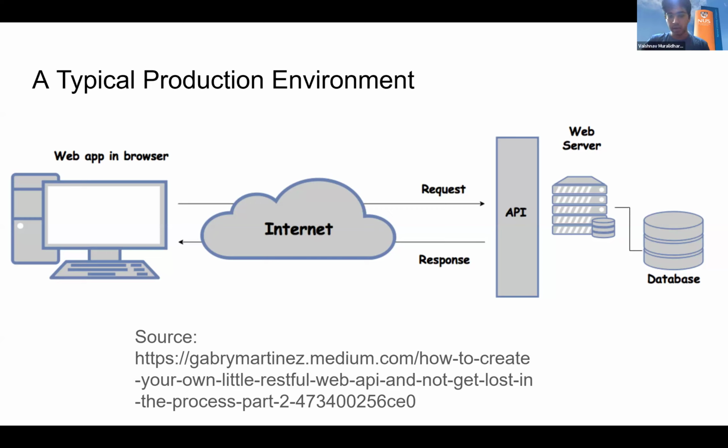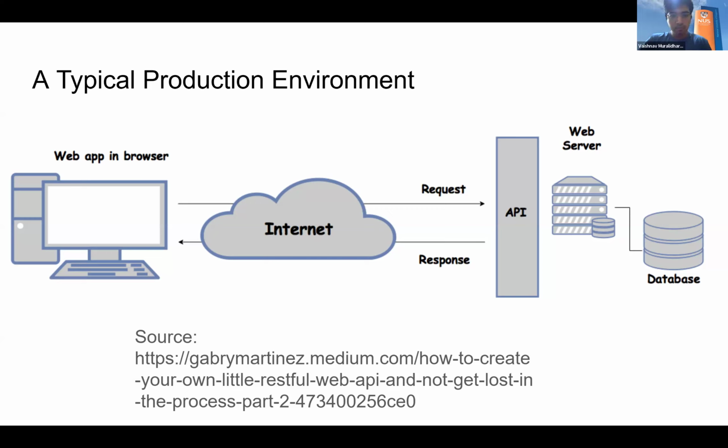So that's the reason you have the REST API as a middleman, which serves data from the database according to predefined rules. Then you have a database server which hosts your database and stores the data that you have. So this is your production environment.